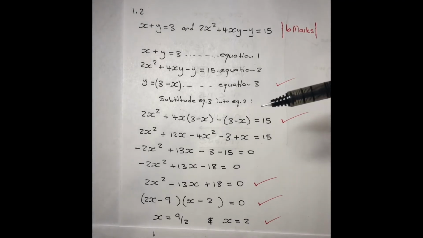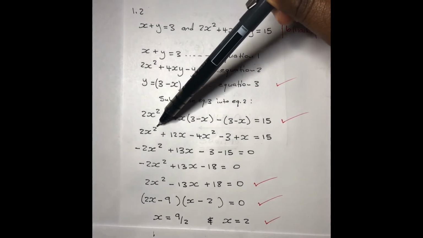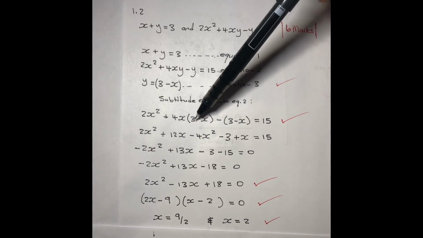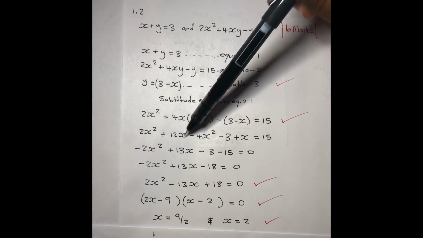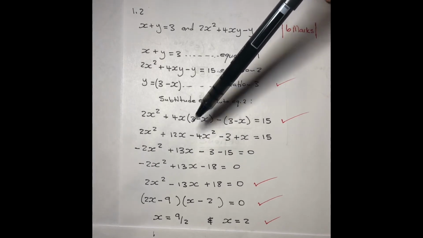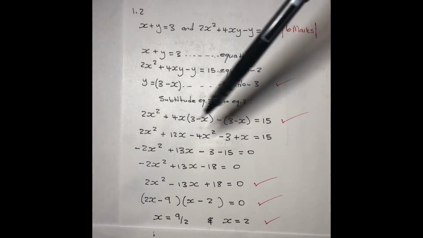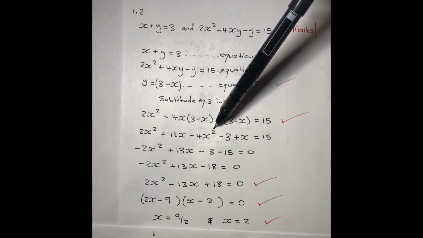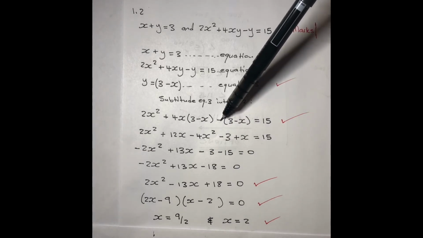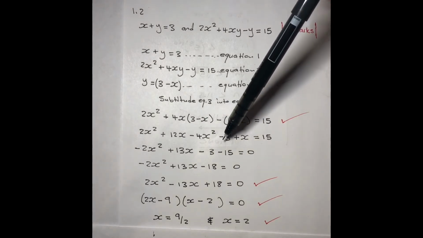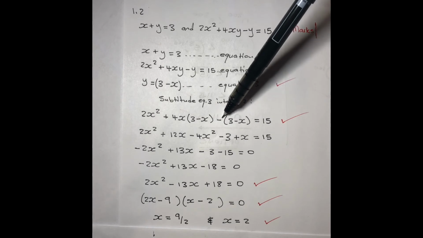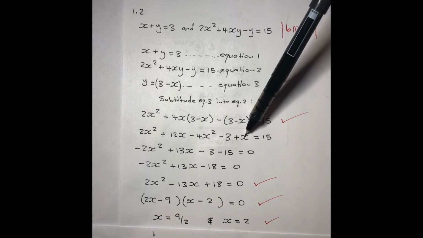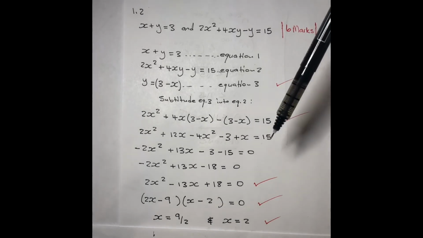Then we simplify. We've got 2x squared plus 12x, which comes from 4 times 3, minus 4x times x, which becomes 4x squared, minus 1 times 3 which is minus 3, minus 1 times minus x, which becomes a positive x, equal to 15.